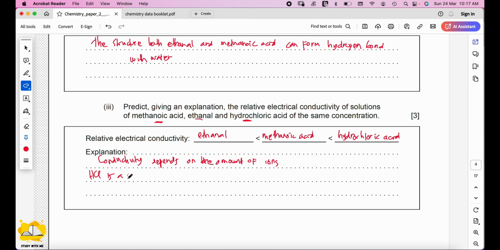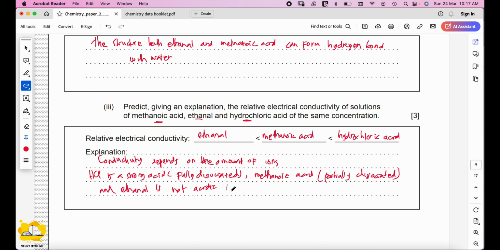HCl is a strong acid, so it fully dissociates, and then methanoic acid is a weak acid, so it partially dissociates, and ethanol is not acidic, so it is undissociated.